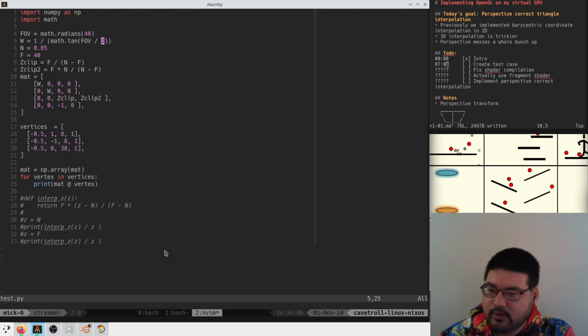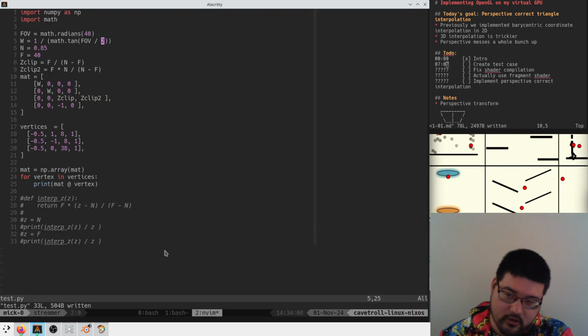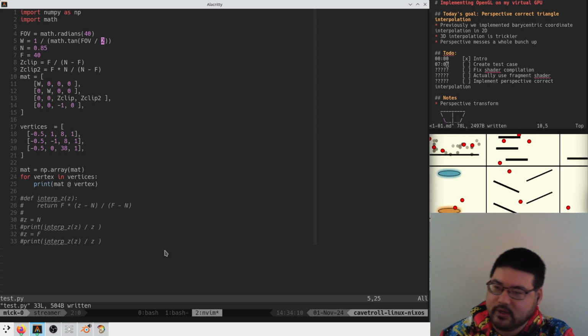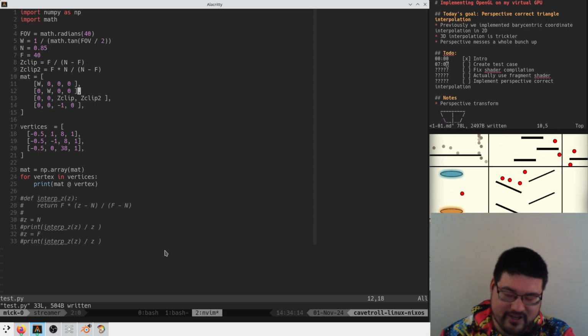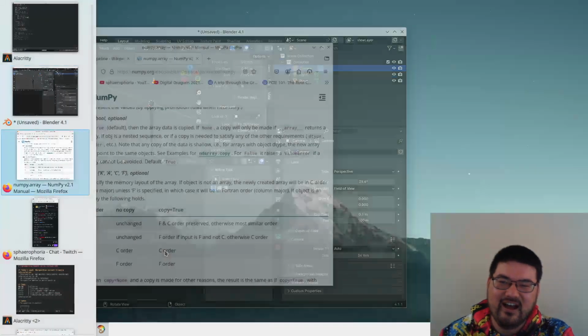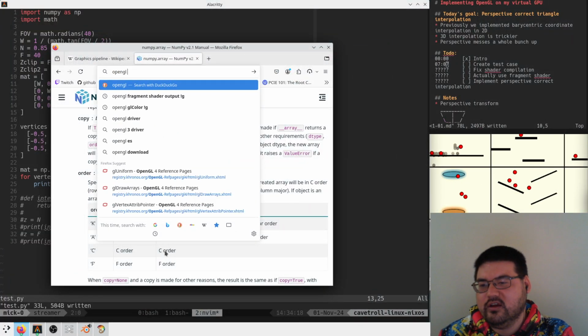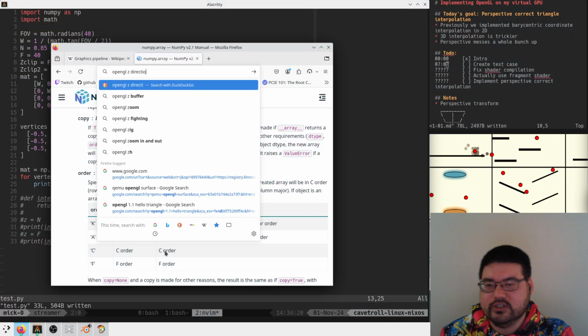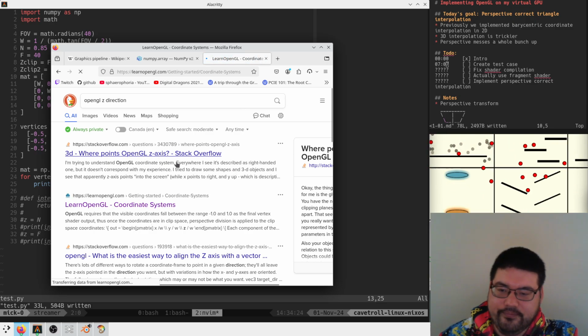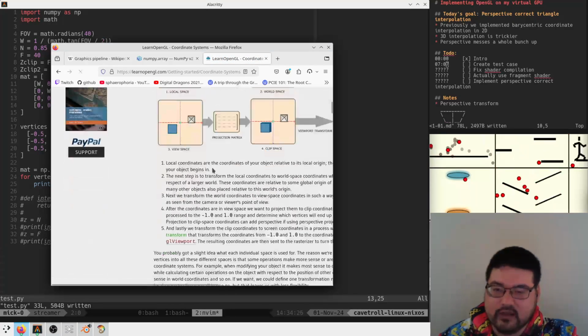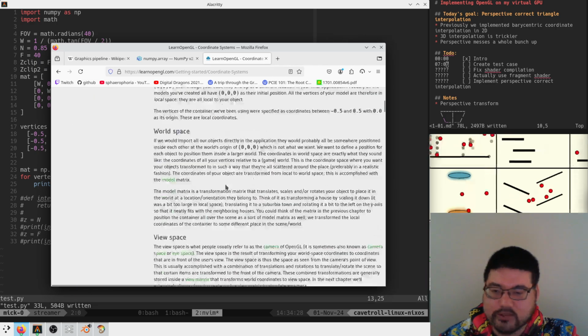And then can we punch these numbers into our little test application and see if they're reasonable? If they're not, we probably got some negatives wrong. Can we look up like OpenGL Z direction? Is it supposed to be that by default negative goes into the world or positive goes into the world?